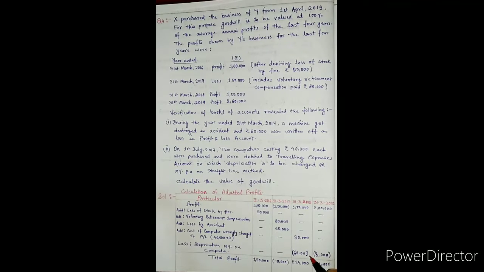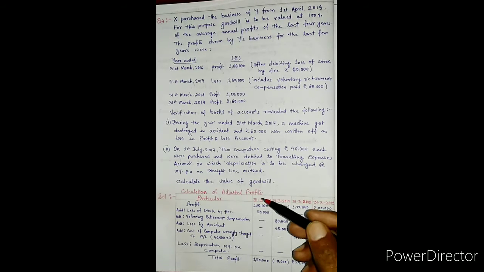Now 6,000, we put it in a bracket because it is a loss, this amount will be less. And in 2019 the full year's depreciation is charged, that is 8,000. Now add this amount 1,50,000. This amount was already a loss, add this to 80 and 60,000 and after subtracting from 150 it's coming 10,000 negative balance, so it is given in a bracket.